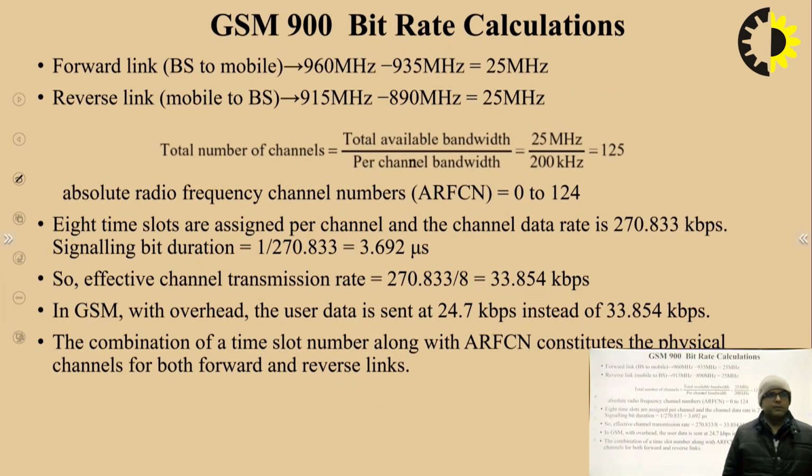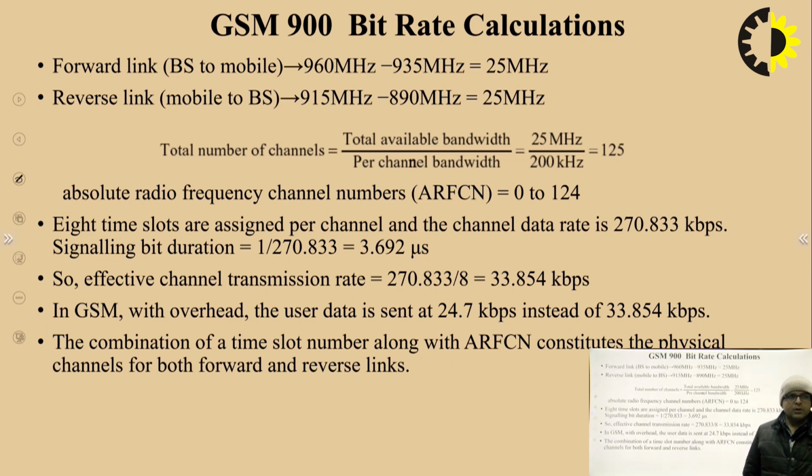Now we can calculate the GSM 900 bit rate. As we know, in the forward link the bandwidth is 25 megahertz, and similarly in the reverse link, which is the link from mobile to base station, it has a bandwidth of 25 megahertz.